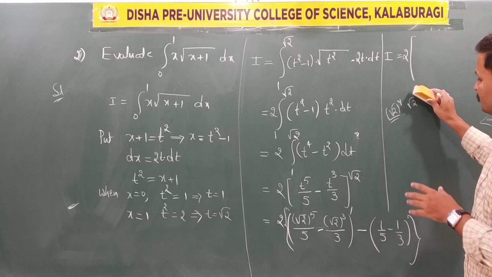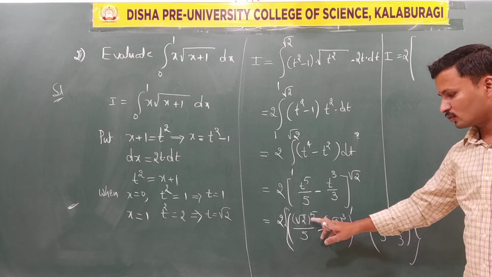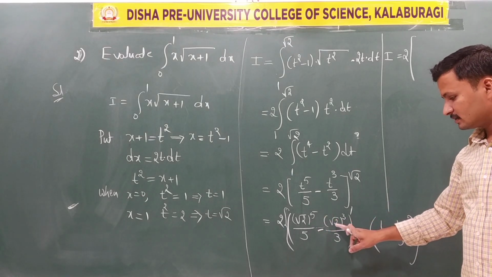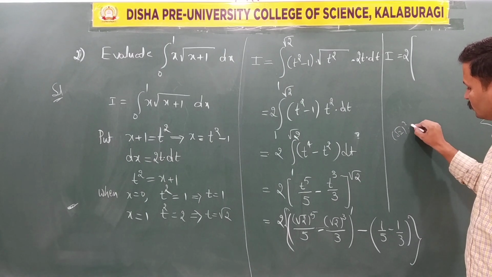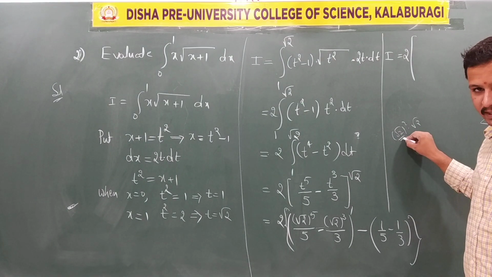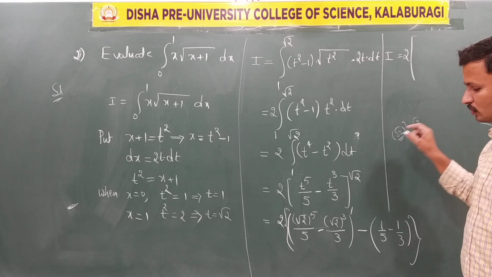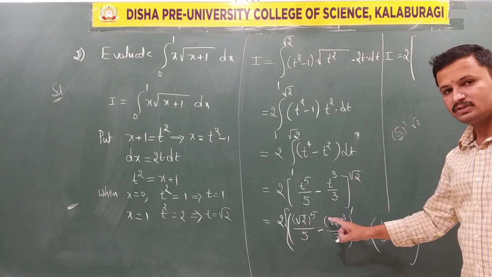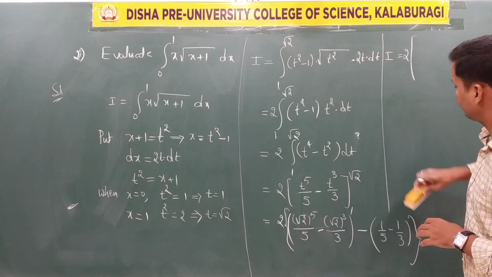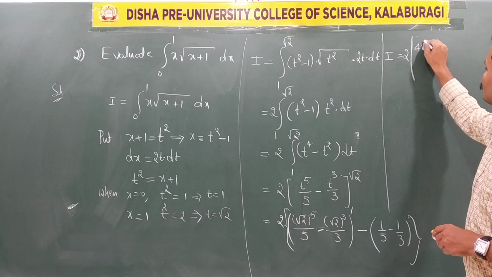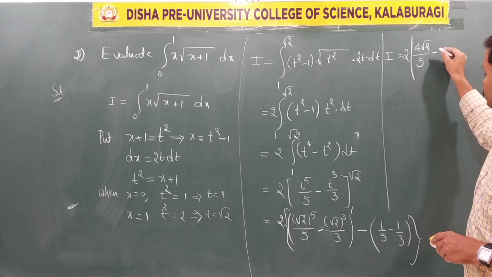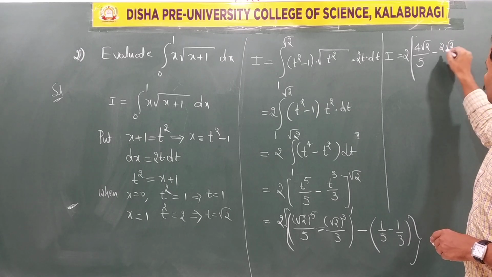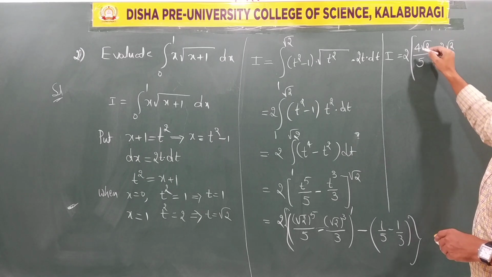Root 2 whole cube is root 2 whole squared into root 2, that is 2 root 2. So we have 4 root 2 divided by 5 minus 2 root 2 divided by 3.